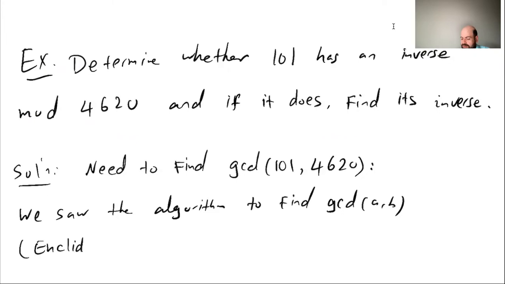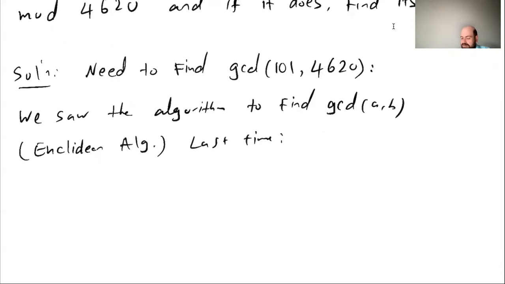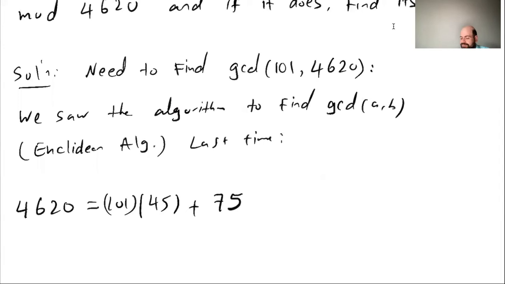So I will start with 4,620 is 101 times some quotient plus some remainder, right? If you do the long division, you will see that the quotient is 45 and the remainder is 75.